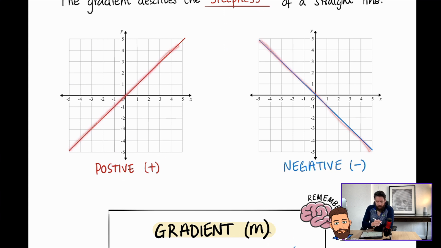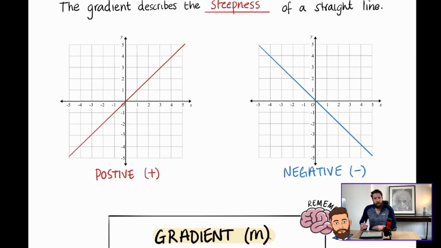Think of a man and think of, if he walks to the right, would he go up or would he go down? But if you can just see it, that's absolutely fine. Lines that go in an upward direction have a positive gradient, and ones that go in a downward direction from the left to the right have a negative gradient.